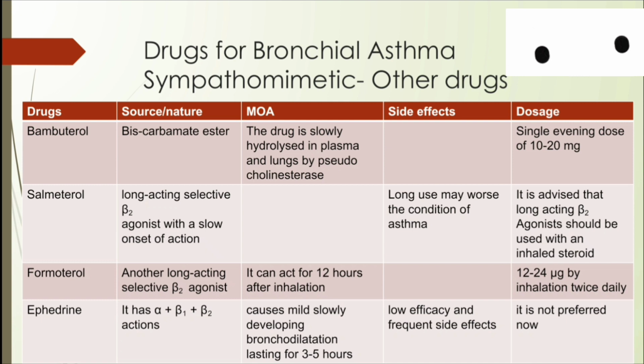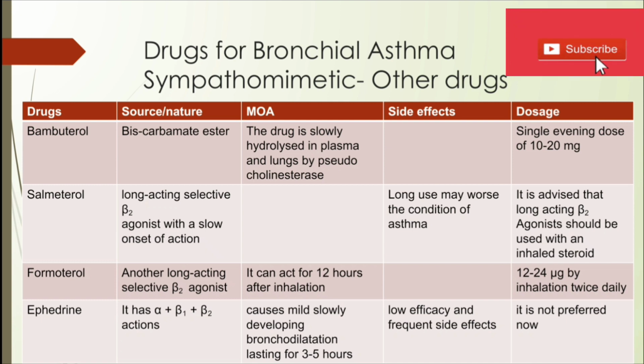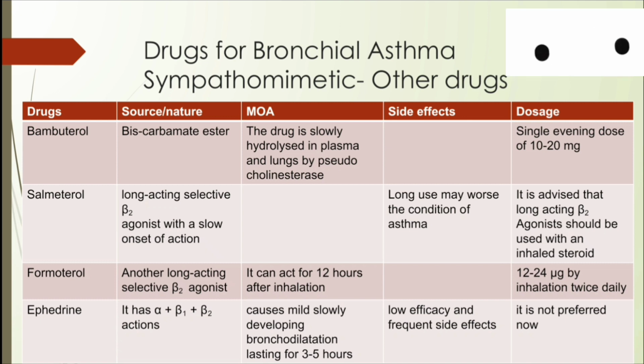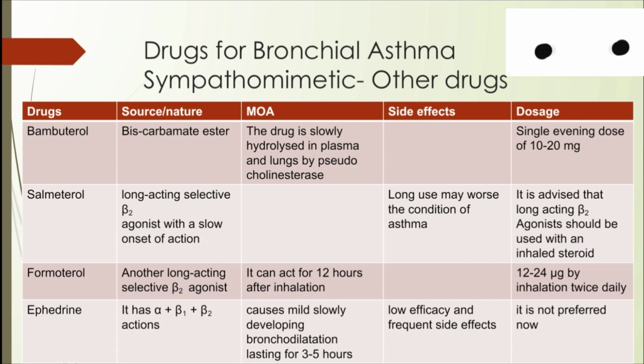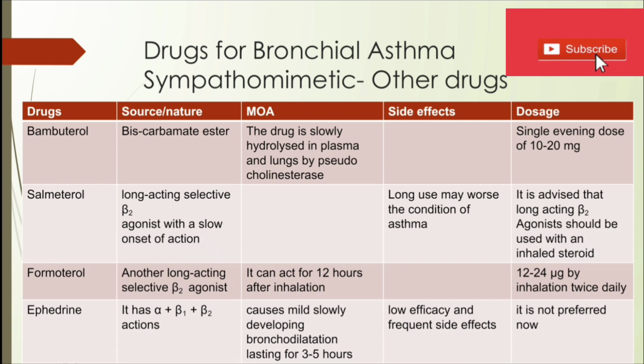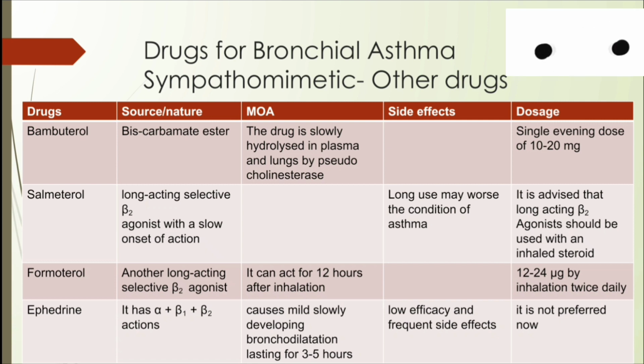It is also more beta-2 selective than salbutamol and more lipophilic, which probably accounts for its longer action. The concern of asthma worsening due to regular use of inhaled beta 2 agonist applies to salmeterol also. However, clinical studies have shown sustained improvement in asthma symptoms and lung function.